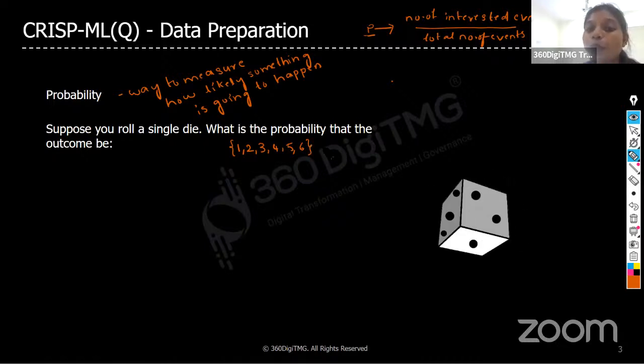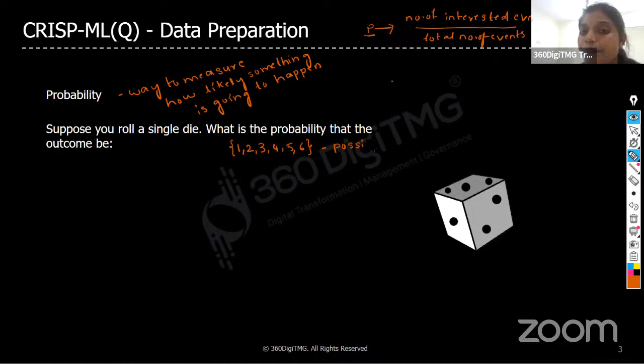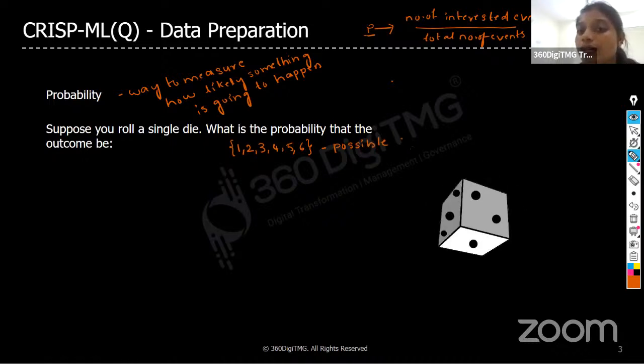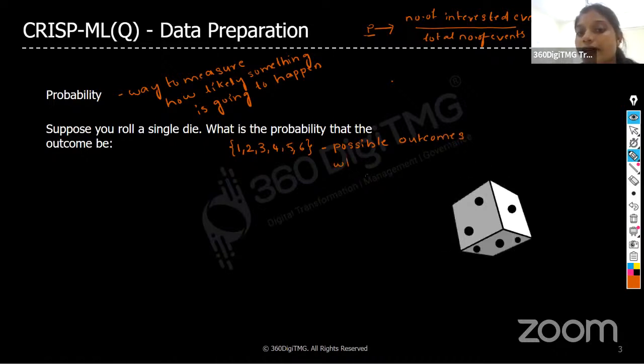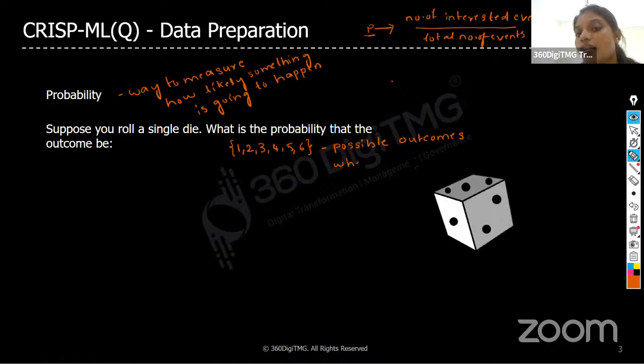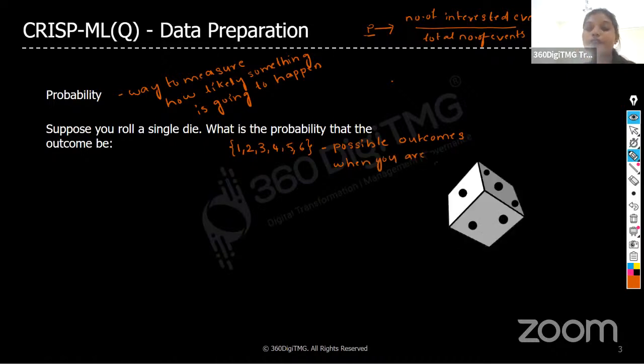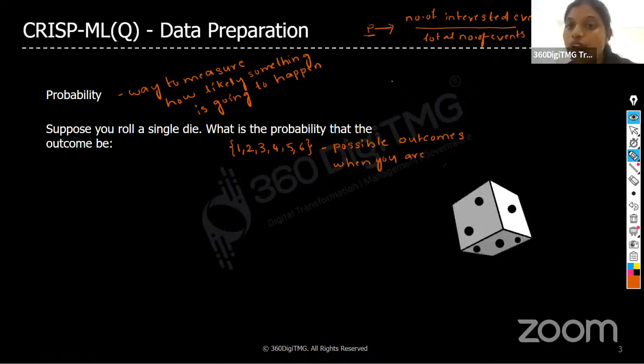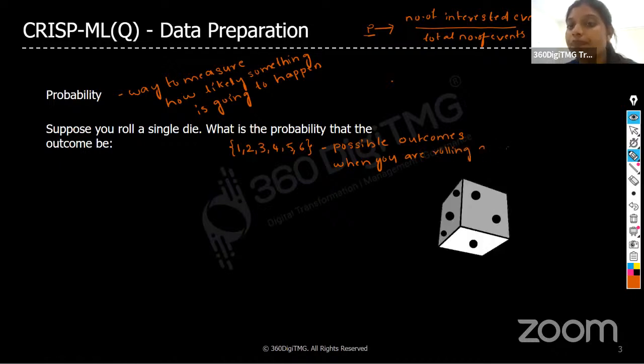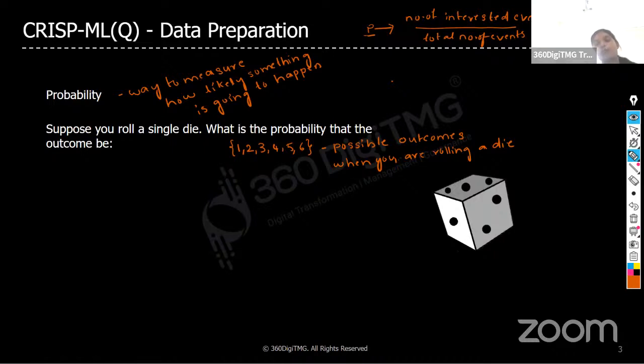These are the possible outcomes present when you roll a single die.